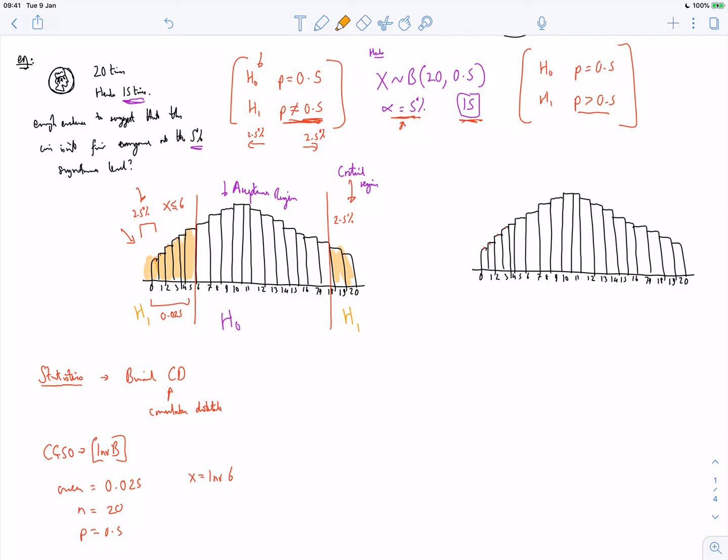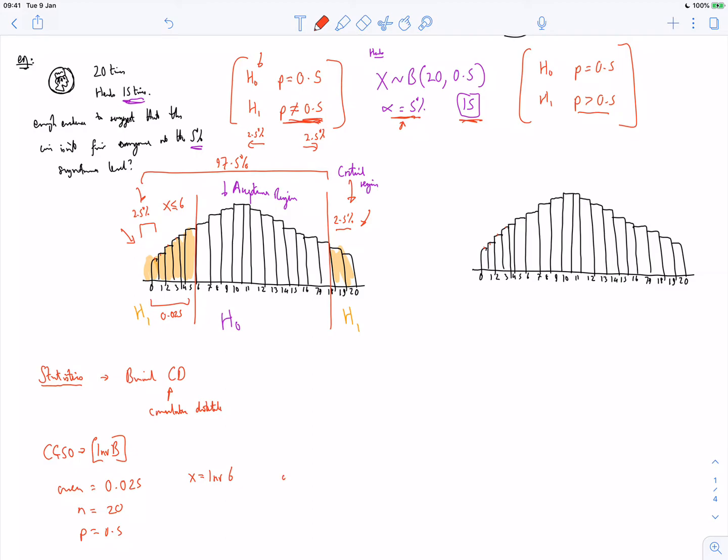And then similarly, if I want to find the upper acceptance region, you've got to be a little bit careful. Because, think about it, if here is 2.5%, then everything from here to here is 100 minus 2.5%, which is 97.5%.